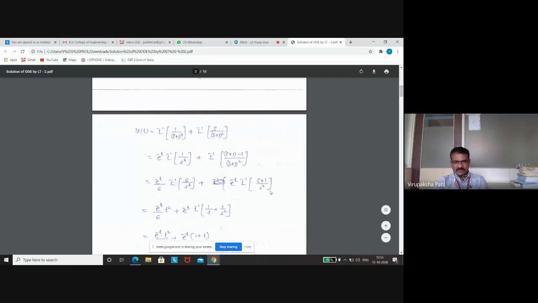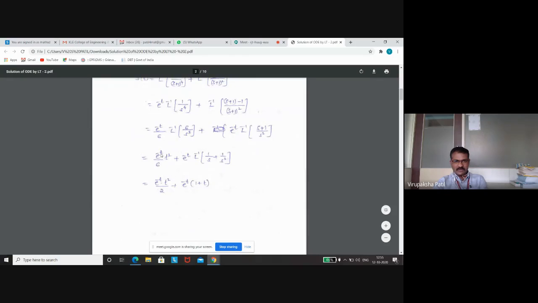I'm sorry, let me make this answer correct. This is t cube into e raised to minus t divided by 6 plus e raised to t as it is. Taking this s square separately to the numerator, you will get 1 divided by s minus 1 divided by s square. This is not plus, this is minus 1 divided by s square.